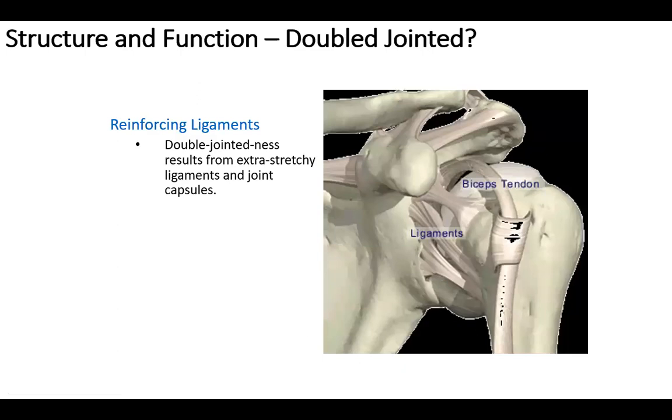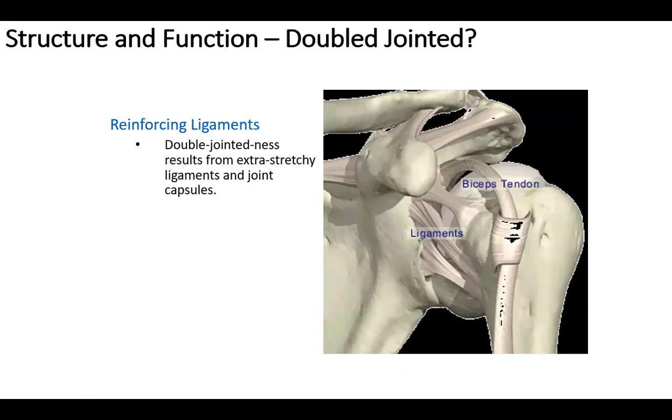Something else to point out now. What about being double jointed? We've all heard the term double jointed. We've all known people that can twist their hands in strange positions or park their ankles behind their neck, and there's no such thing.